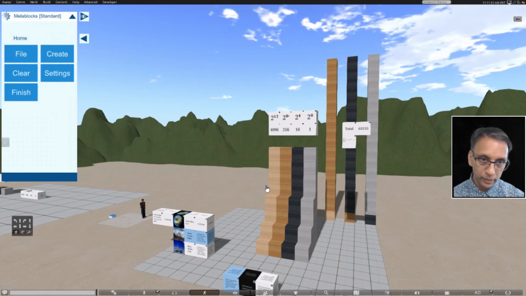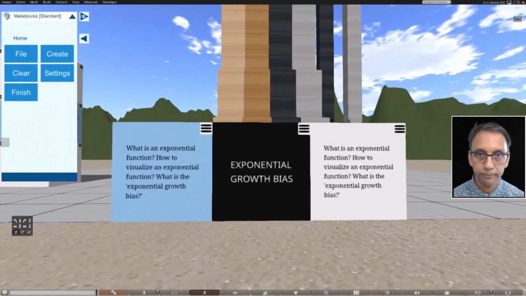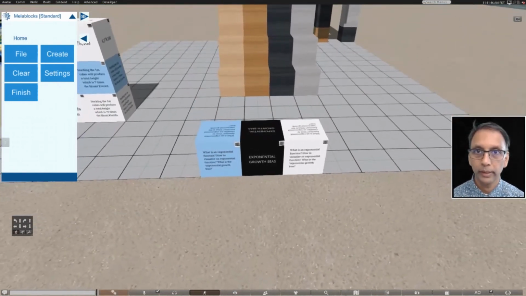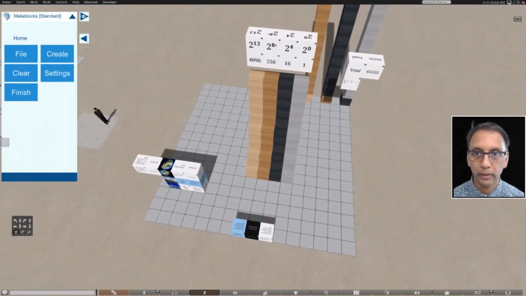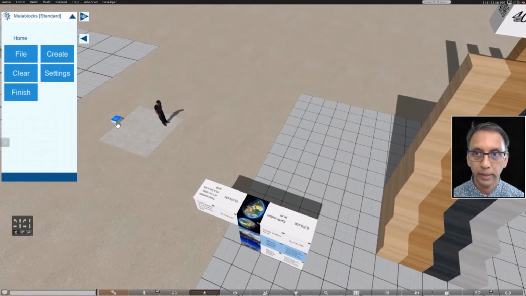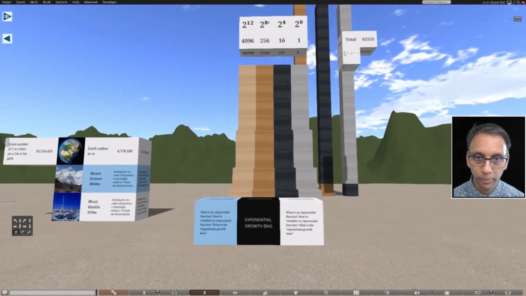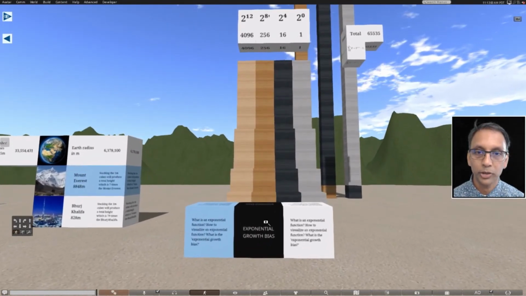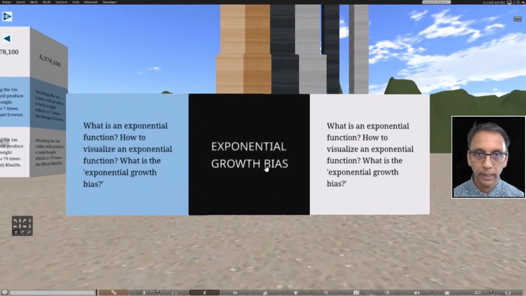So, just to summarize, what we've done in this clip is to explain exponential growth bias, and we spent more time talking about a simple problem and demonstrated where the bias was.